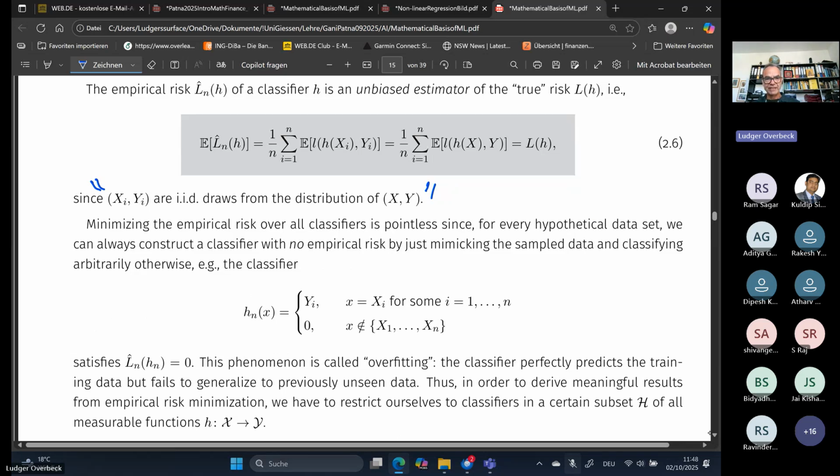Now, of course, for given data sets, you always get an optimal one, which is defined here. If you have the data set, you classify as it's done on your data. That's always a classifier which is optimal because on your data, it's optimal. You see, that's the problem, it's overfitting, and it's extreme overfitting. If you have the data, you put it in the proper one. And if you don't have data, you just put it in 0.